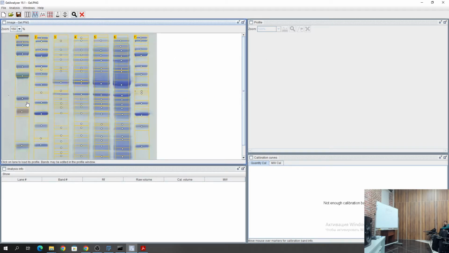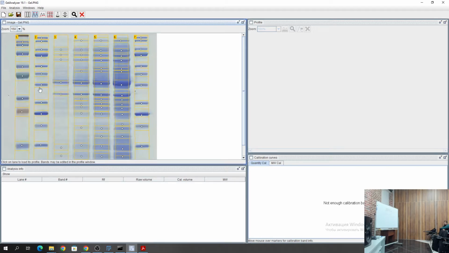Well, mostly it does work, but not quite well. Let's change it a little bit. 21, 5 for instance. It's a little bit better, but we lose some sensitivity. So you have to play with those parameters if you want to do it automatically. But you can also do it by hand.